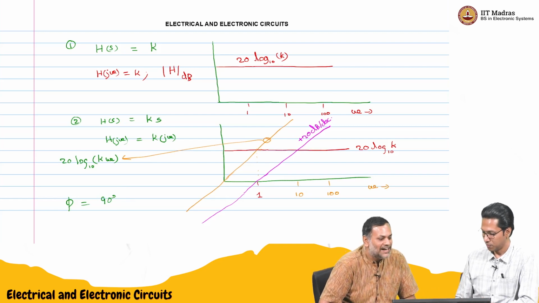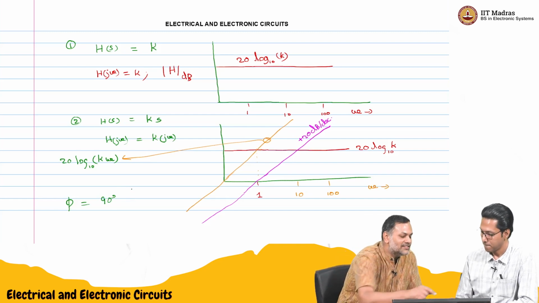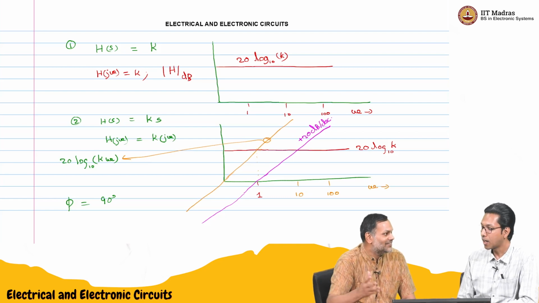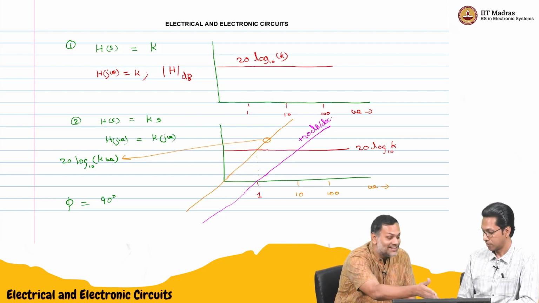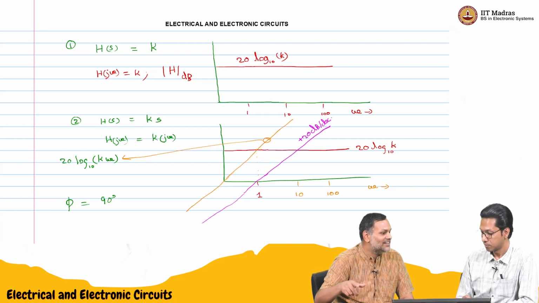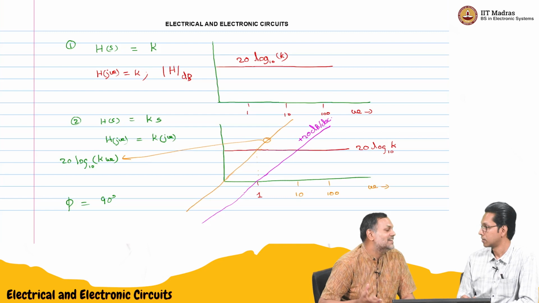Normally, if you have something like this, control systems people or circuits people might say you have a pole at the origin. In this case, not a pole but a zero at the origin. If you had written it as k into s plus z, z would be 0.